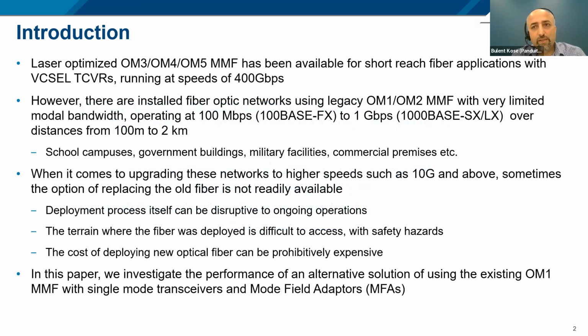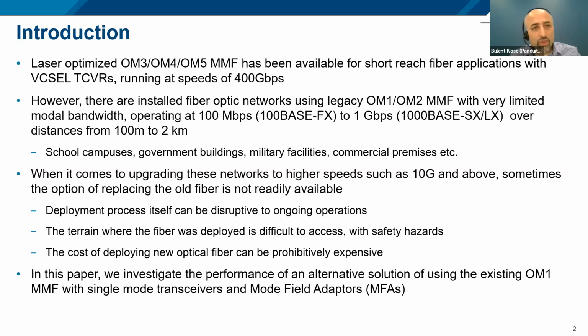So the idea is, as you might have noticed, when you look at the TIA and IEC standards for fibers, we're putting OM1 and OM2 fibers as sort of the grandfathered fiber, old fiber, and there's a reason for this because we have these new types of fibers, OM3, OM4, OM5 multimode fibers, where we can have reaches up to 400 gigabit per second transmission, up to 400 gigabit right now.